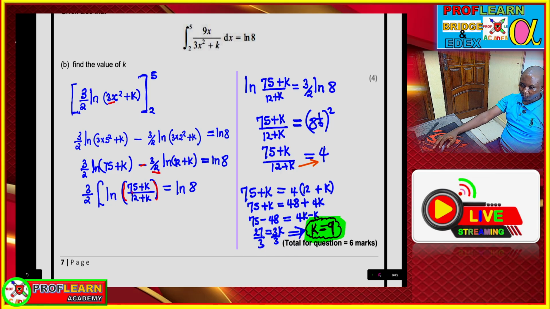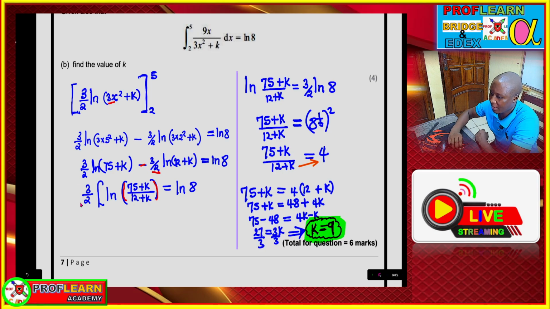Now, since we are having 3/2, I think I should have, yeah, this is going to be 3/2. So if I want to bring it to this other side, it will be 2. Yeah, I have to change that.